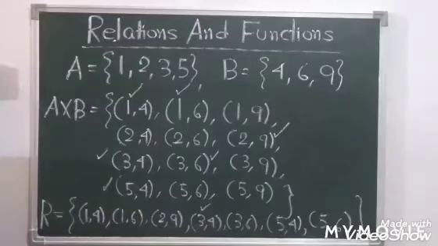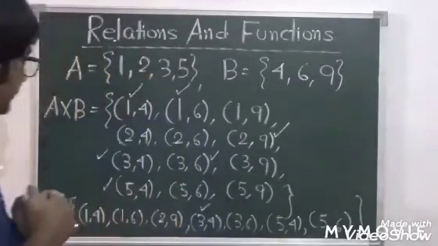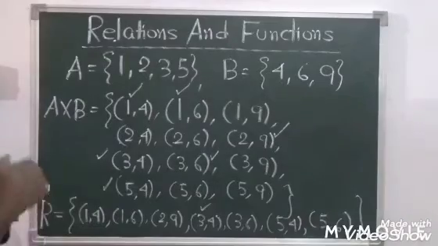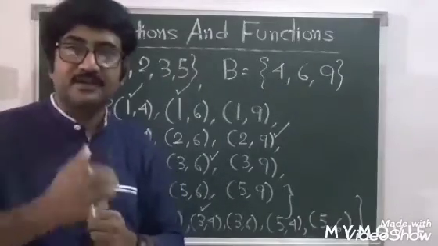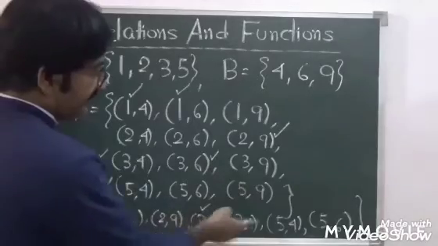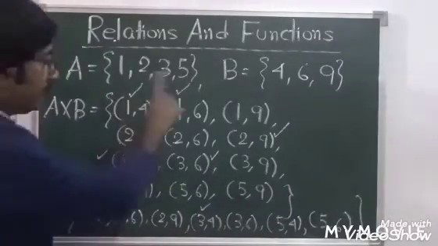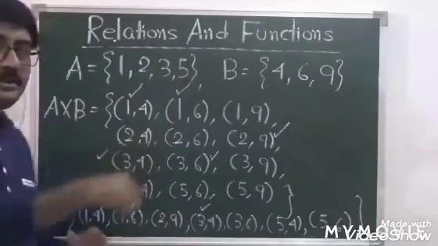Now relation, as you have already seen, is a subset of the Cartesian product. Based on certain conditions, we will be a little selective in the case of relation. So you can see these ordered pairs (1, 4), (1, 6), (2, 9), (3, 4), (3, 6), (5, 4) and (5, 6). All these ordered pairs are part of this Cartesian product A cross B, right?